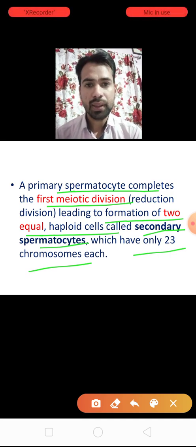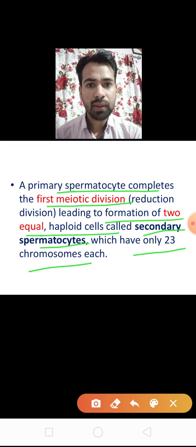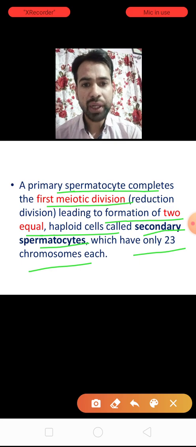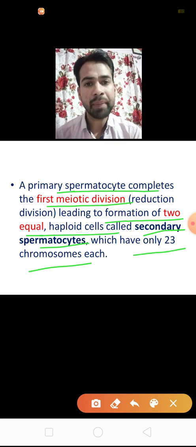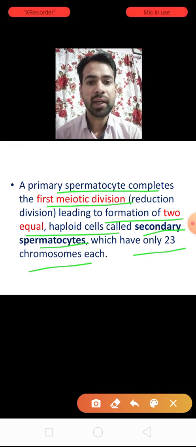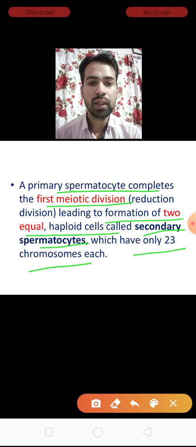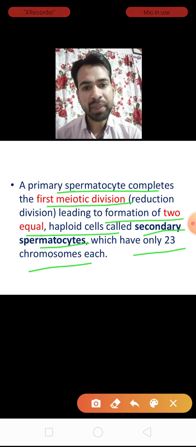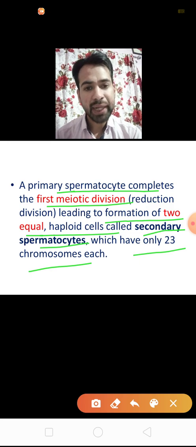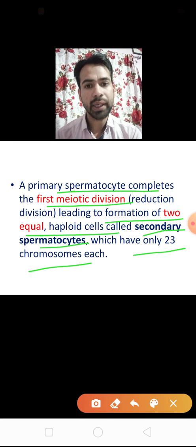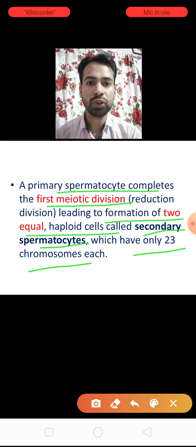Okay, clear about this? First of all, the spermatogonia undergo meiotic division to form the primary spermatocytes. Okay, now in the primary spermatocyte the first meiotic division takes place to form the secondary spermatocytes. In secondary spermatocytes 23 chromosomes are there, but in primary spermatocytes 46 chromosomes are there.